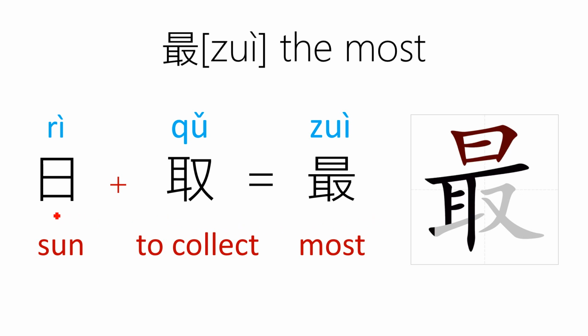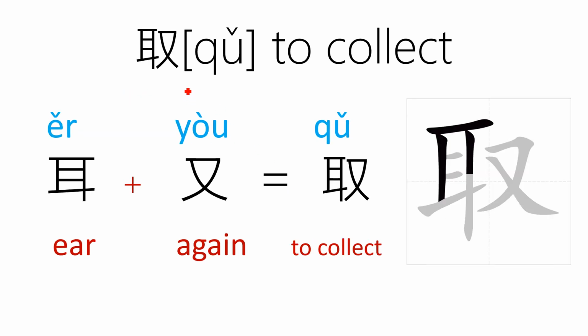So this is the first step to break this character down, but actually we can do even a second one. Even this character 取, collect, we can break down into two parts. The left part is 耳, which means ear. The right part is pronounced 又, means again. So put them together means 取, collect.